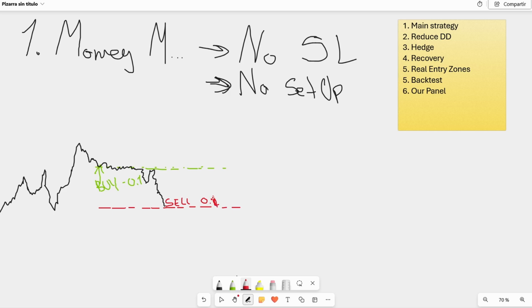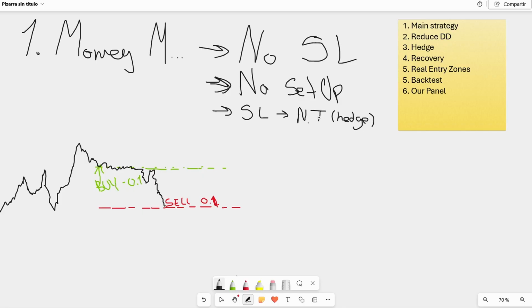This looks like a 2, so it's a 1. So you have the same buys and the same sells. So this is the first part, to substitute stop losses. This is like a new rule: you substitute classic stop losses for new trades, or what you can call a hedge.